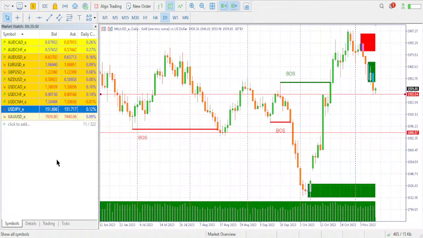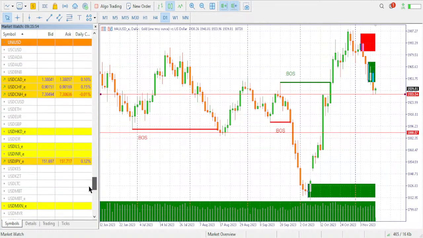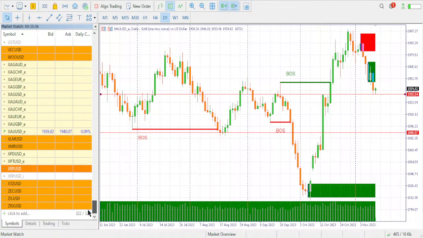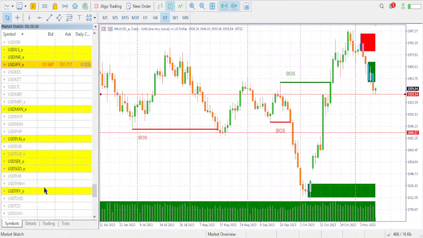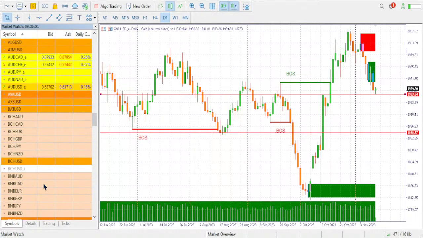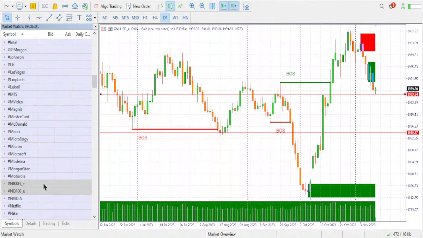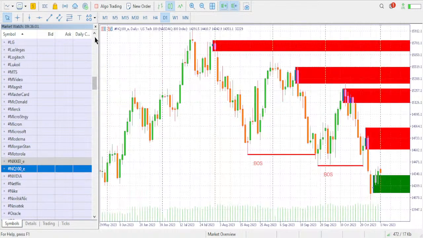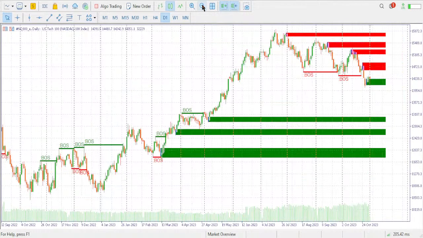The other chart which I'd like us to have a look at is the Nasdaq. So Nasdaq, so far we've had several resistance zones.